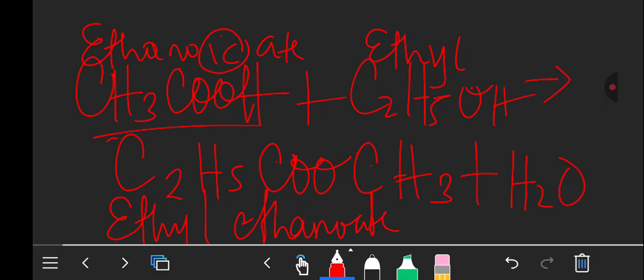So it will be ethyl ethanoate. You start with the name of the alcohol, then you mention the name of the acid. So it will be ethyl ethanoate.